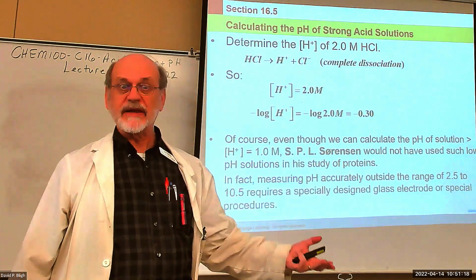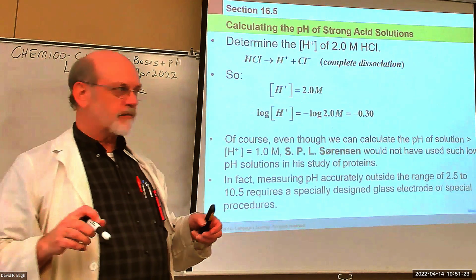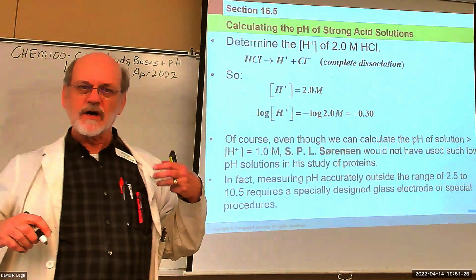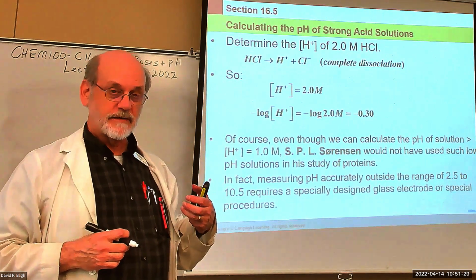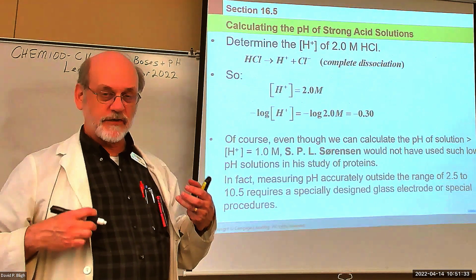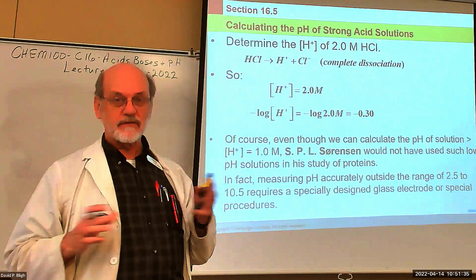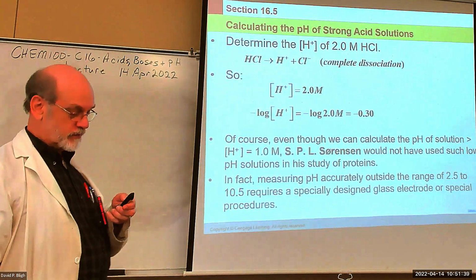They're called pH meters. And they have a probe. And if you're going to measure the pH of a solution that's less than 2.5 or greater than 10.5, then you need a special probe that's designed for that environment. Otherwise, it will give you an inaccurate reading. May even destroy your pH probe.